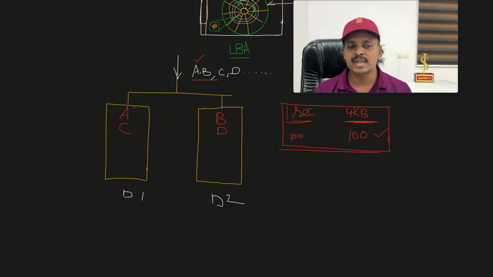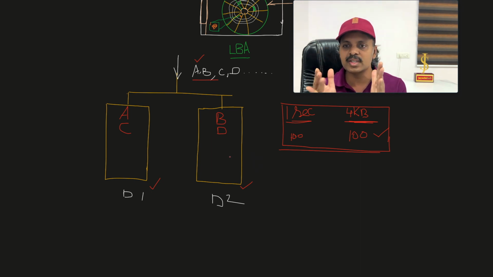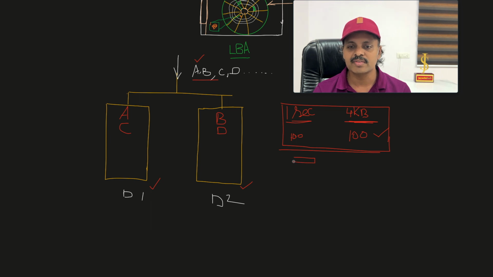Each disk will write 50 blocks, so the actual load is shared across two disks, and the actual time is reduced by half. Yes or no? One set is written here and one set here, so the task completes in 50 seconds.